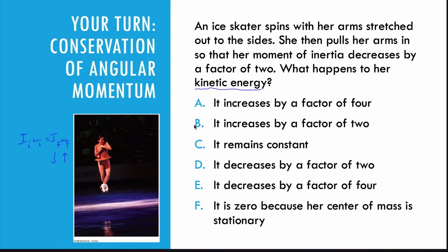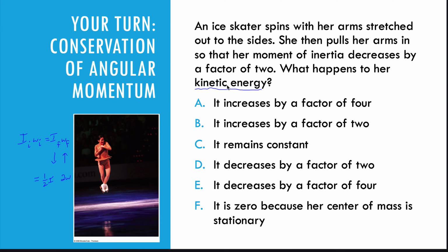If you chose B as your final answer, you're almost there, but you really have to pay attention to what the question is asking. If it asked what happens to the angular velocity, then yes, it would increase by a factor of 2, because if you have 1/2 I, then you must have 2 omega in order for the two sides to still be equal to each other.